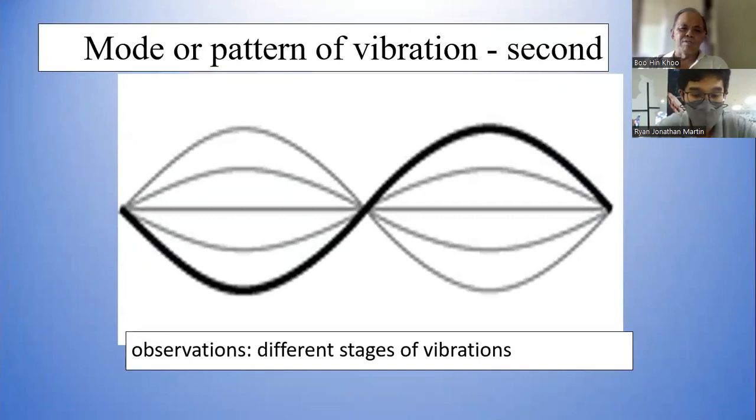Okay, this is called the mode of vibration, the second mode. And if you look at the second mode, usually we draw two sides, one side and the other side.